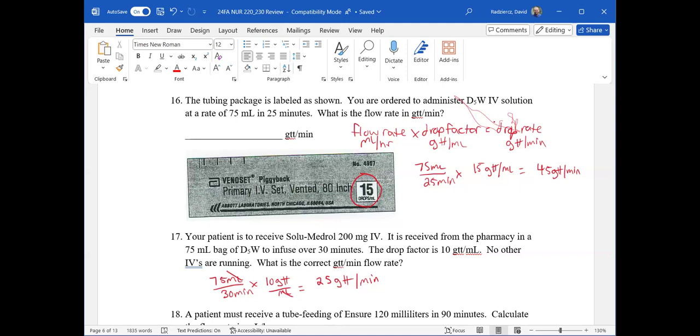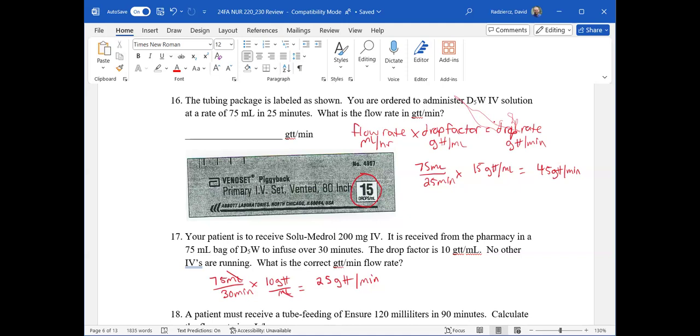And a flow rate is a drop rate divided by drop factor. No. Flow rate is just volume and time. So for this question, it's just 75 milliliters over 30 minutes. Oh my God, I was looking at a completely different question. I didn't understand. Sorry. I understand right now. Yeah, I figured you must have been looking at different numbers.